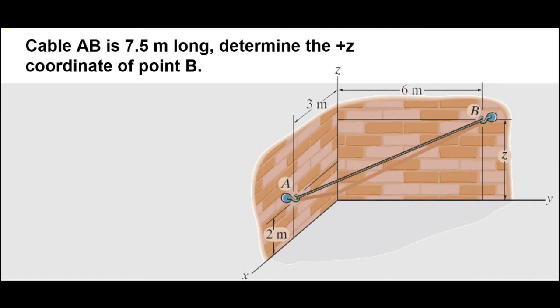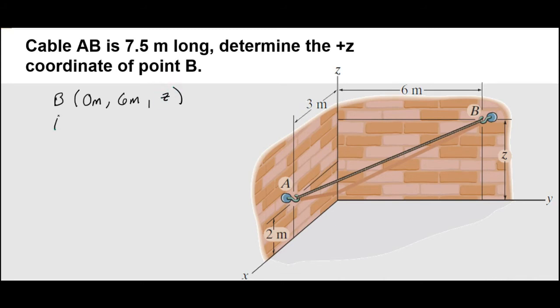In this one, we want to determine the z-coordinate of B. So let's start by defining the coordinates of A and B, and then a vector from A to B. The coordinates of B are 0 meters in the x direction, 6 meters in the y direction, and in the z direction we have z.